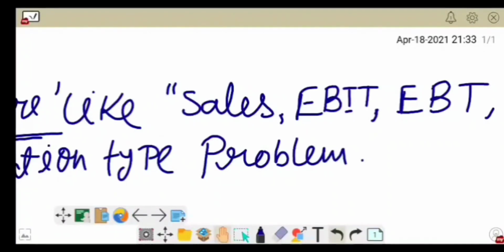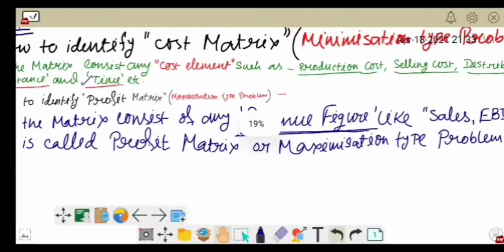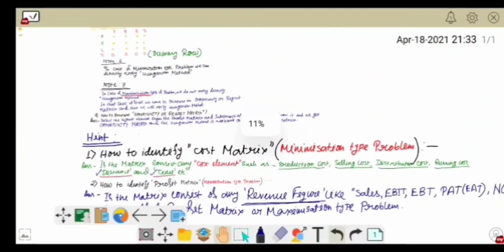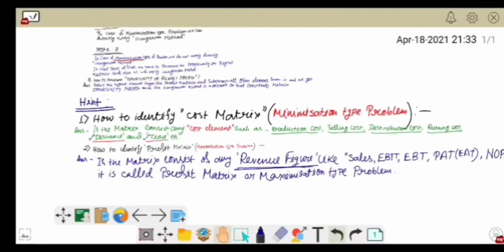So with that line, the concept and the methods of the Hungarian problem and the hint are completed.